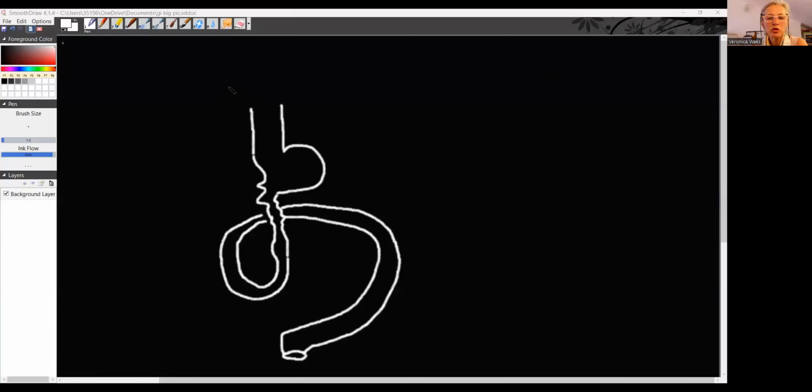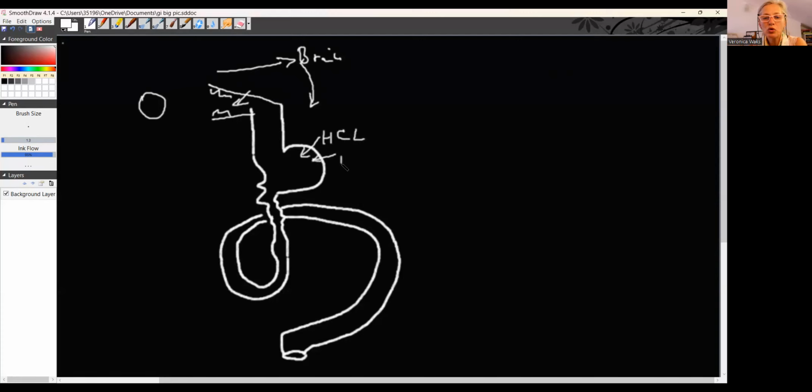As always, I pre-drew a picture of our digestive tract. This is the mouth with the teeth, and this is the food. When we are looking at the food and smelling the food, the signal goes into the brain. From the brain, the parasympathetic system gets activated and sends the signal to start to produce more saliva, hydrochloric acid, HCl, and mucus to protect the lining of the stomach from the damaging effect of hydrochloric acid, and to start to produce digestive juices, pancreatic juices here into the small intestine.